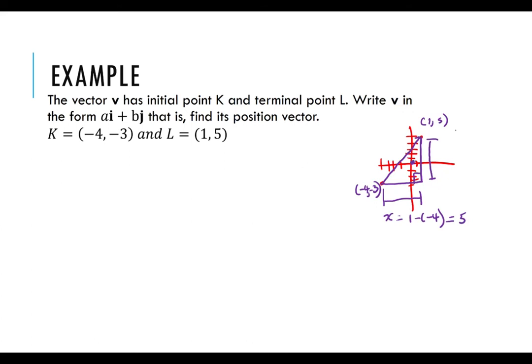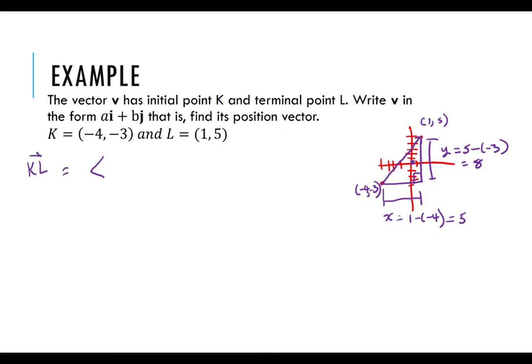To find the y portion, that's the terminal minus the initial, 5 minus -3, which is 5 plus 3, or 8. Since we're finding the horizontal length and the vertical length, we have actually found the components of the vector KL.